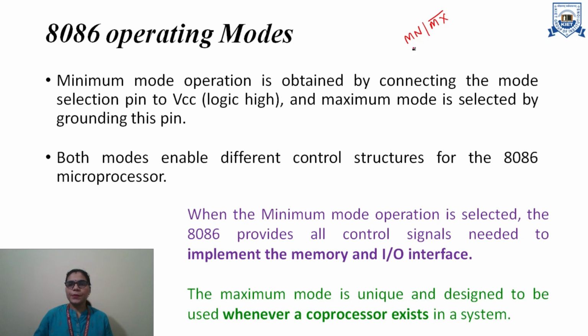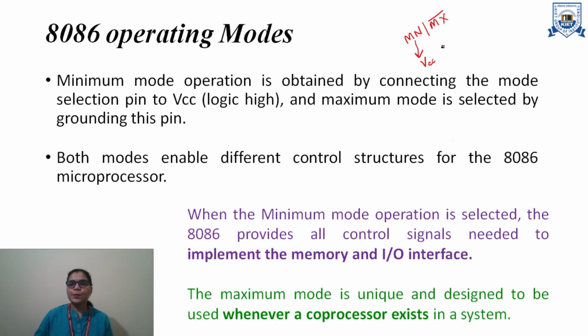Mode selection pin. MN/MX bar defines the working of the 8086 microprocessor in two modes. This pin will define whether the microprocessor will work in minimum mode or maximum mode. If this mode selection pin is connected to VCC, or at logic high, then the 8086 processor will work in minimum mode.